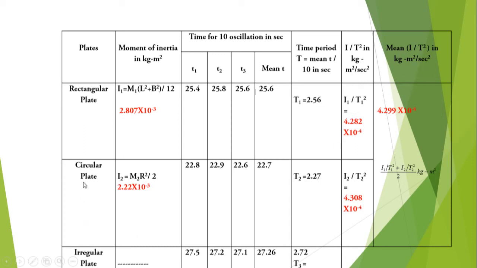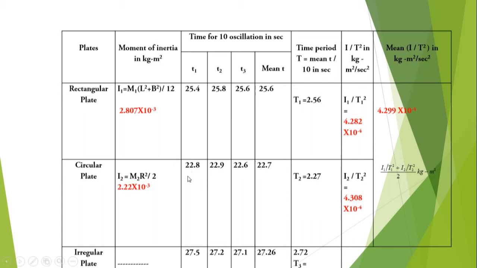Similarly, for the circular disc, use the mass and radius to calculate the moment of inertia of the circular disc. Moment of inertia is in terms of kg meter square, so the moment of inertia of the circular disc is 2.22 into 10 raised to minus 3 kg meter square.